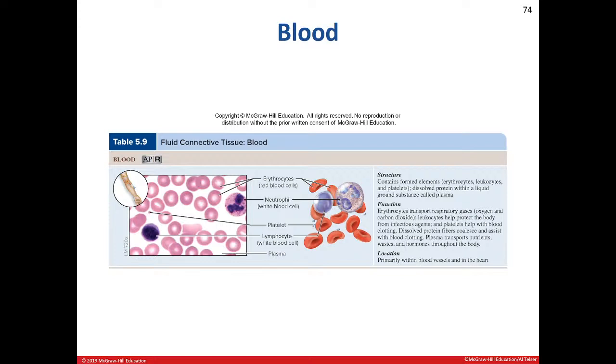Here you can see some red blood cells. They appear to have a biconcave disc shape. That's what all of the textbooks say, biconcave disc, meaning it's a disc that is concave on two sides. I think it looks kind of like a raft. You can also see here some other blood cells, the white blood cells, the neutrophil and the lymphocyte.